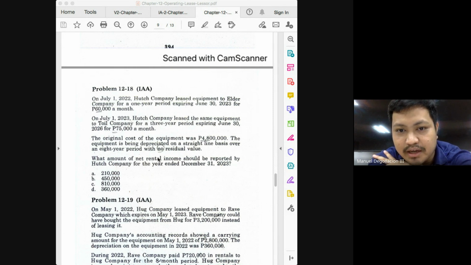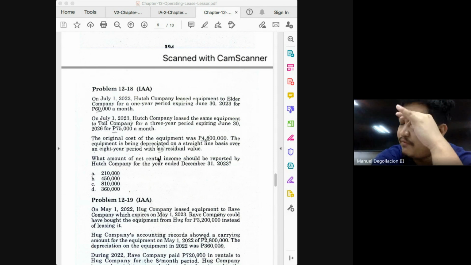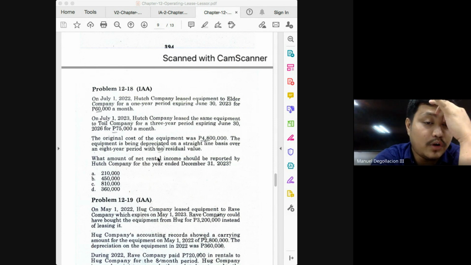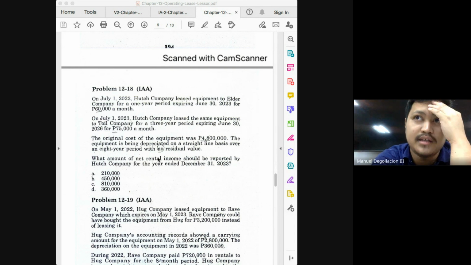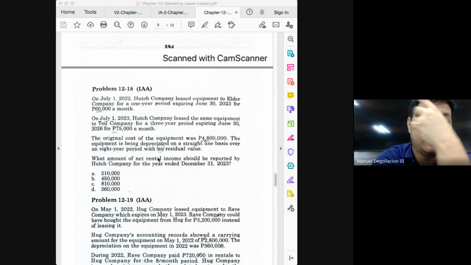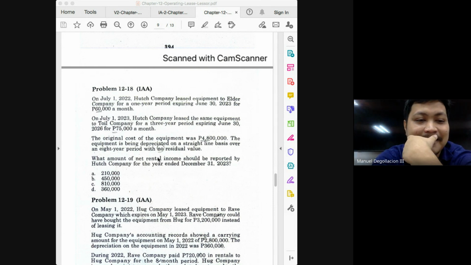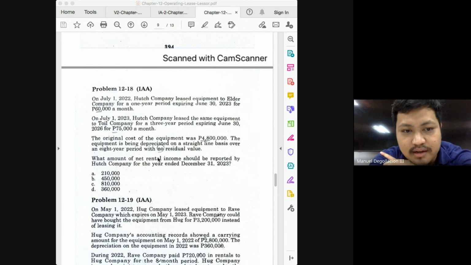So 75 times 6 is 450. So 450 plus 360, that would be 810. And how much was the depreciation we computed earlier? 600. So 810 minus the depreciation of 600, our net rental income would be 210.